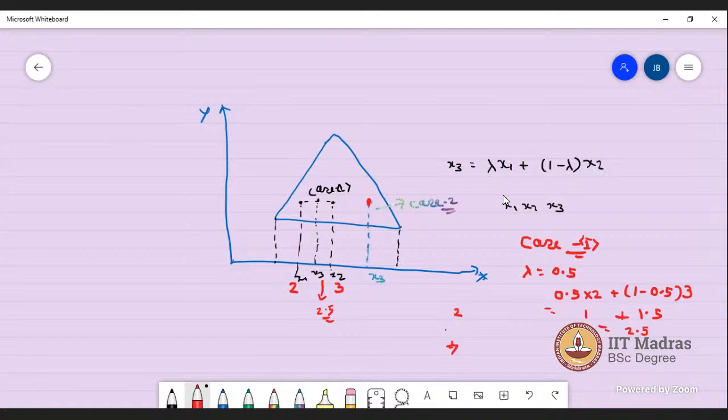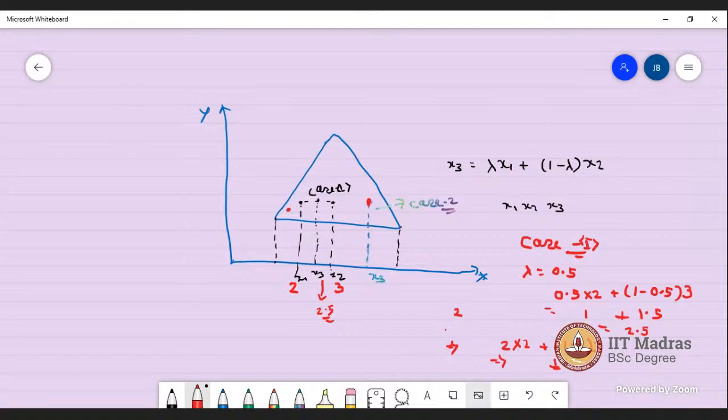If we take 2 for easy calculation, 2 into 2 plus 1 minus 2 times x2, which is 3. So 4 minus 3 comes around 1. So this is the case where lambda is at this place. You are able to see that even if the lambda value is more than 1, the x3 value can still be inside this set.